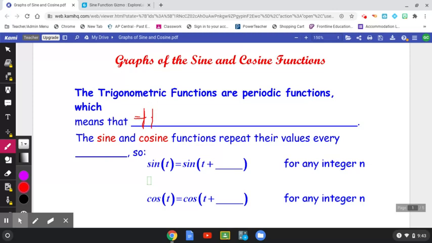Okay, so then you might ask the question, how often do they repeat? Well, think about that 1 revolution around the unit circle. 1 full revolution is from 0 to 2 pi. So sine and cosine repeat their values every 2 pi.